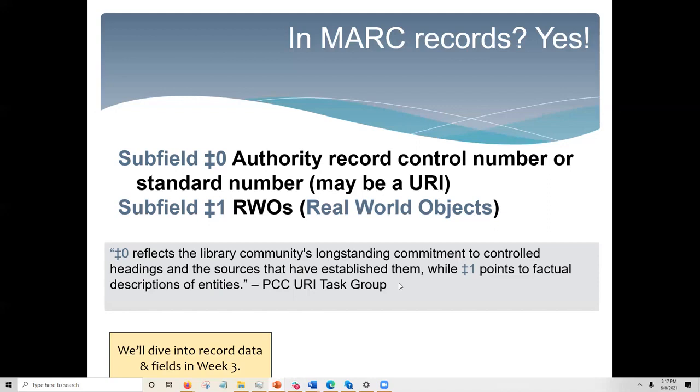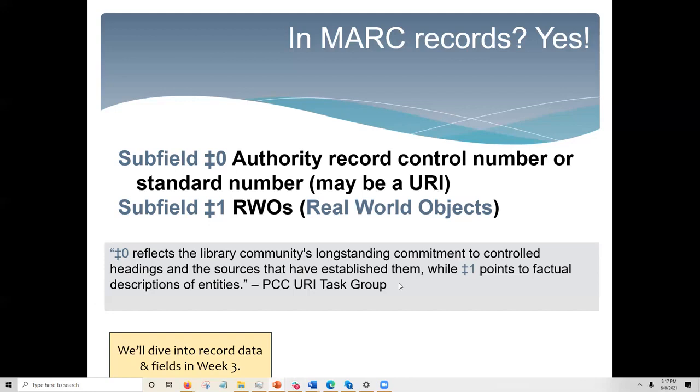So we could put in a subfield 1 as a real world object. For cataloging purposes, in terms of how we're viewing this, a real world object is just other resources related to identities that are not one of our authoritative resources.